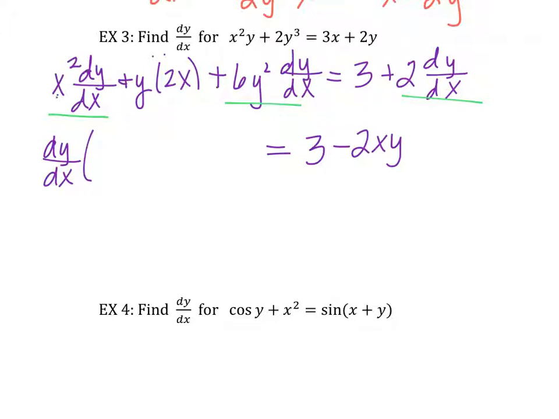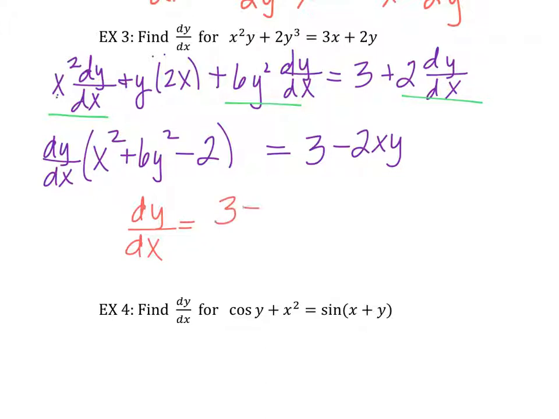I would have an x squared. I would have a positive 6y squared. And if I moved that 2 over, he would be negative. And then I can get to my final answer. So I'd have dy dx is equal to 3 minus 2xy over x squared plus 6y squared minus 2.